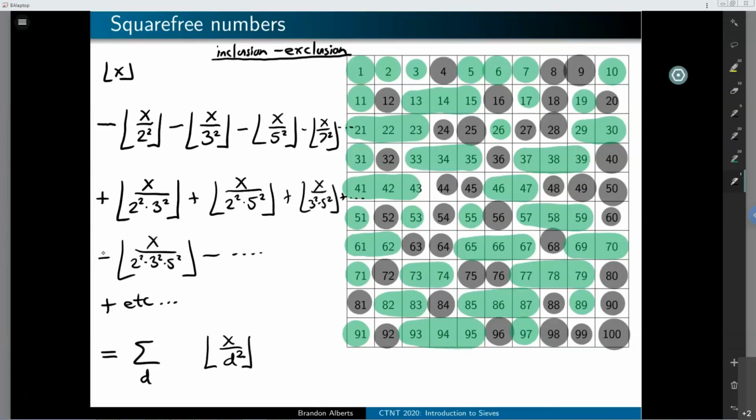It only shows up now if d is square free, since I put this square here. And it alternates signs. If d is divisible by a single prime, you get a -1. If d is divisible by 2 primes, you get a +1. If d is divisible by 3 primes, you get a -1, etc. That's the same pattern as the Mobius function. And so what we've done with this argument is we've now found this formula for the number of square-free integers below x. And this is an exact formula.